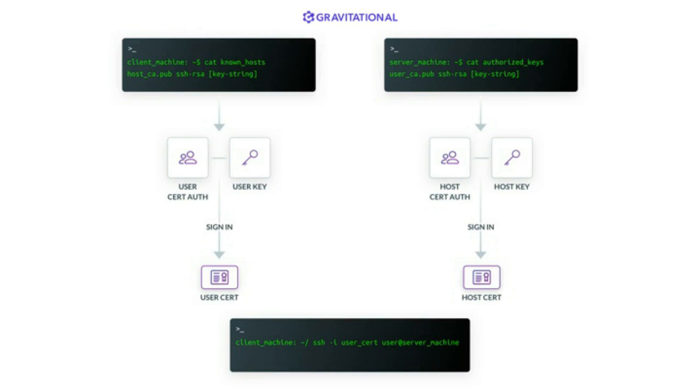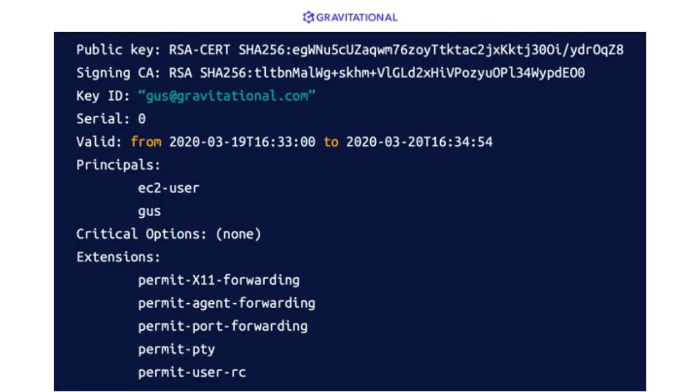So here is just a standard look at what an OpenSSH certificate may look like. Going through here, taking a look at what we have: at the top, we have the certificate's public key. Below that, we have the public key of the certificate authority used to sign that certificate. Below that, we have the key ID.